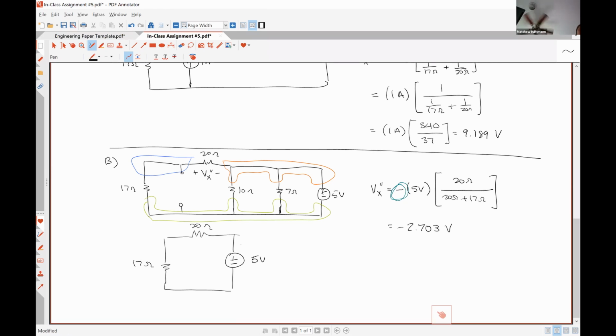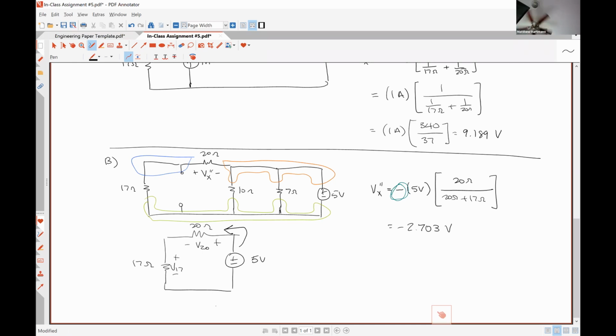So it should be fairly obvious the current is going to flow counterclockwise around this loop, meaning that we should expect, so let's call this guy V20 and V17, the following polarities to make these resistors absorb power.